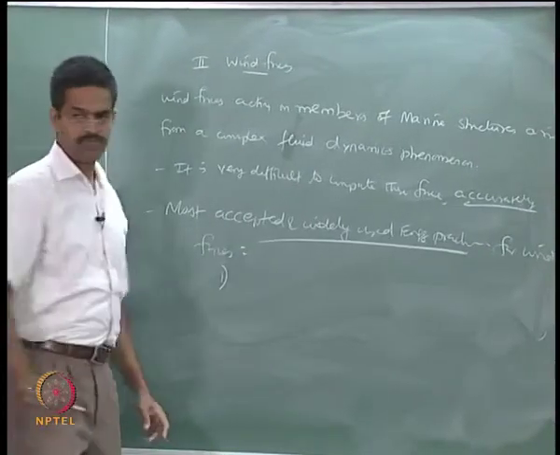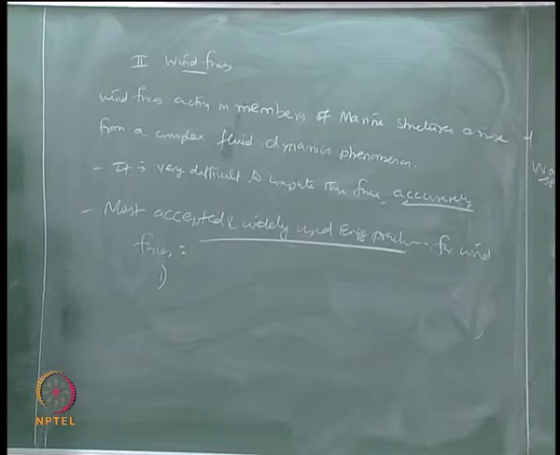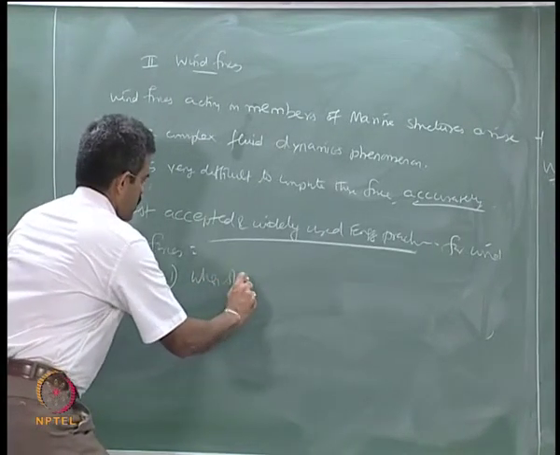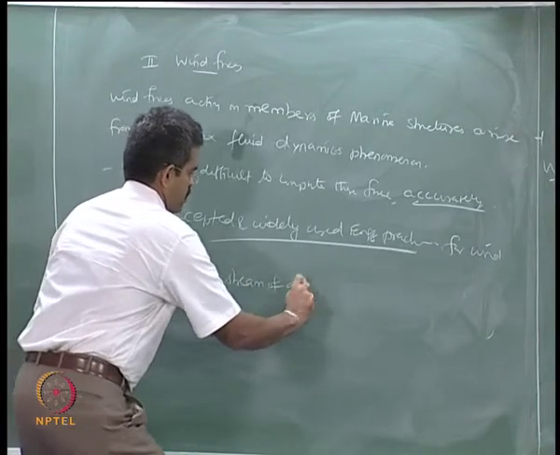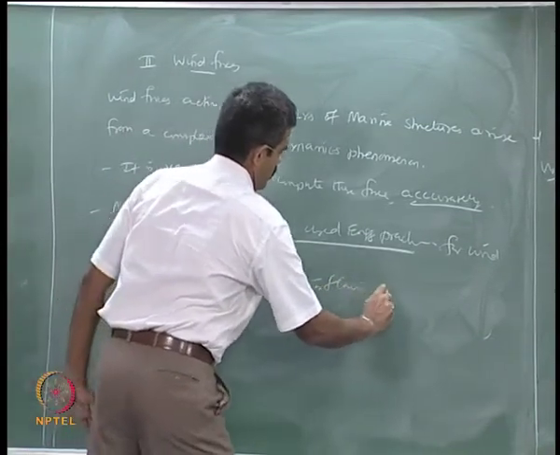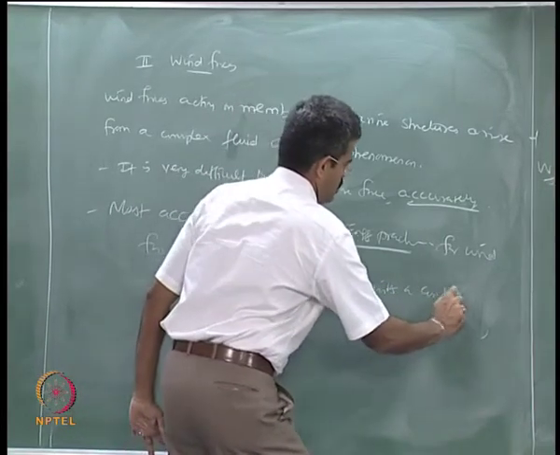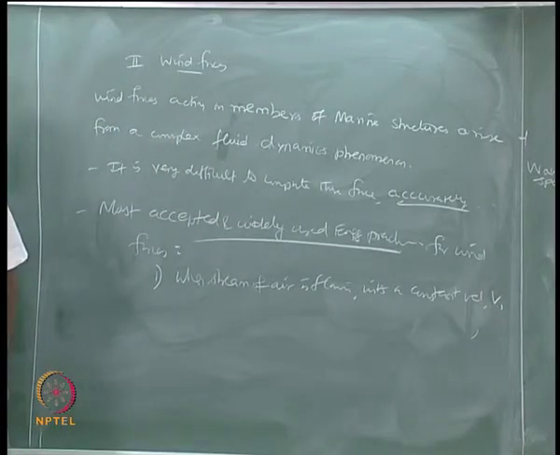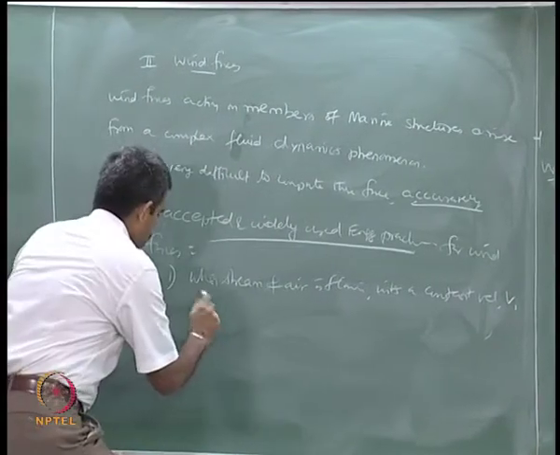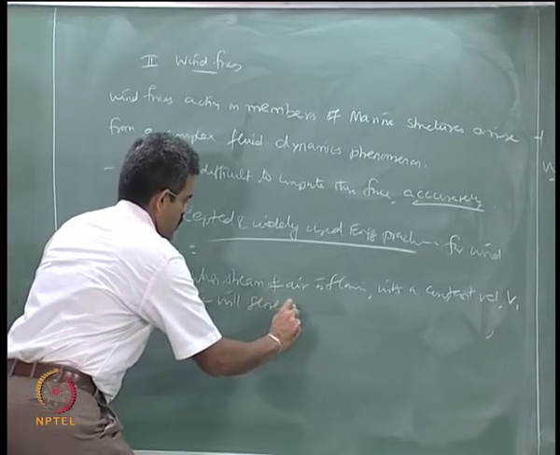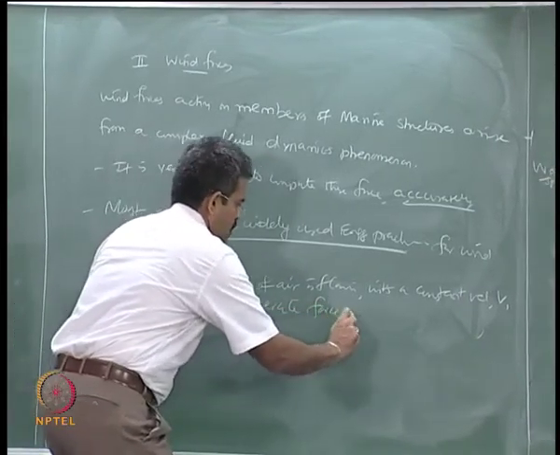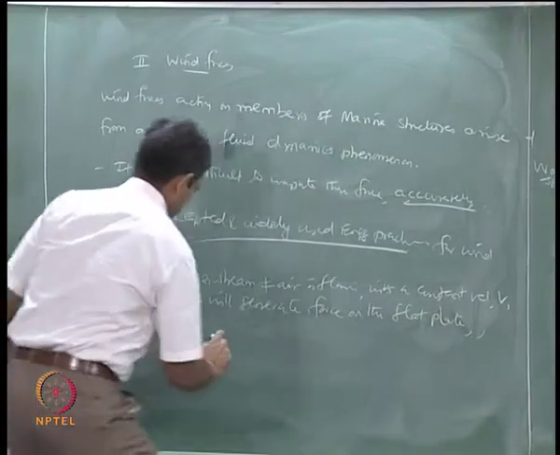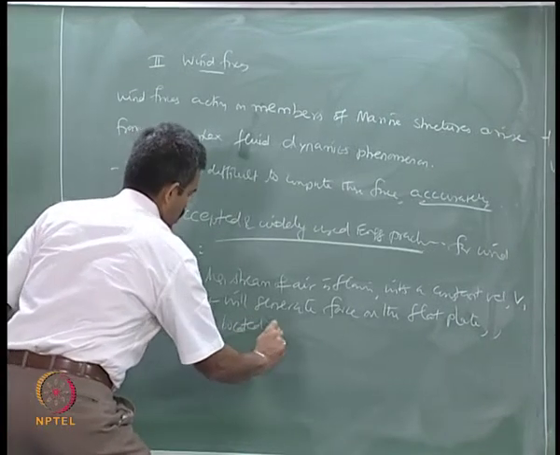One, when a stream of air is flowing with a constant velocity v, it will generate a force on a flat plate located orthogonal to it.